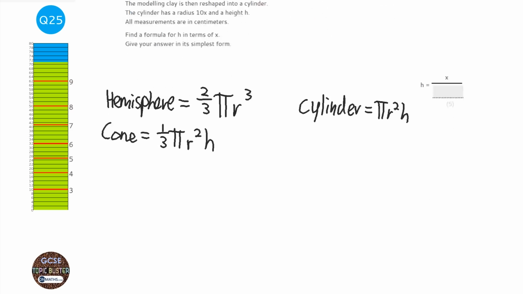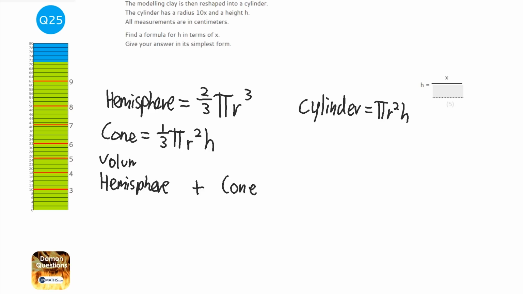Okay, so we know that a hemisphere plus the cone volume, and I should write volume here, to show the examiner that I'm working with volumes, equals the volume of the cylinder, there we go.